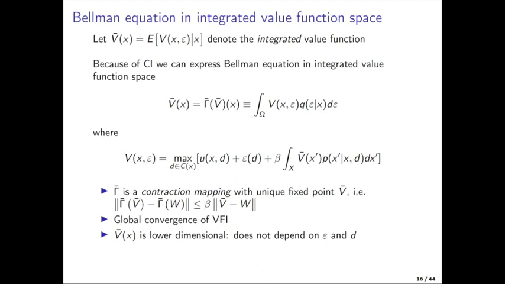And again, you can find this v bar with value function iterations in this global convergence, so you can start with any starting guess of the value functions. And then it's lower dimensional, and here it does not even depend on the decisions; it only depends on the epsilons.